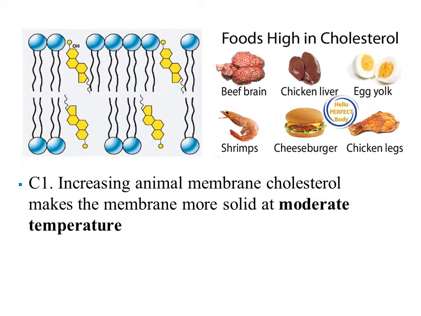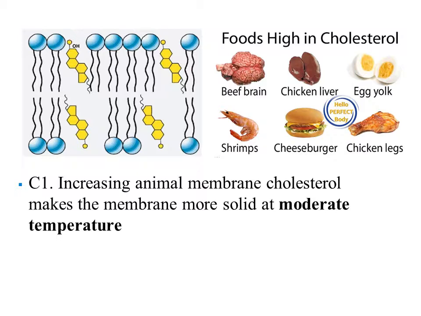So let's look at how increasing your cholesterol intake can actually harm you. If you eat stuff like beef brains and chicken liver, and you eat a lot of it, you're going to increase your cholesterol. You're only supposed to take between 200 and 300 milligrams of cholesterol a day. Let's say you increase it.